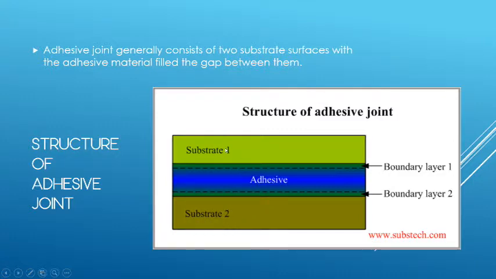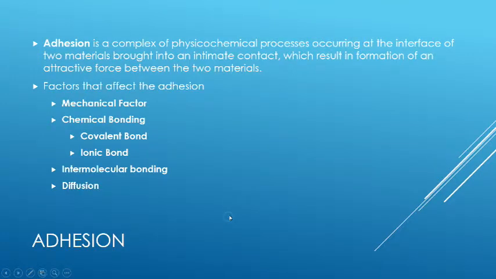With at least these three components, you can consider it an adhesive joint, adhesive bonding. So, where is the boundary? Boundary layer is the part of the adhesive layer adjacent to the substrate surfaces. So it will be between the adhesive and the substrate.